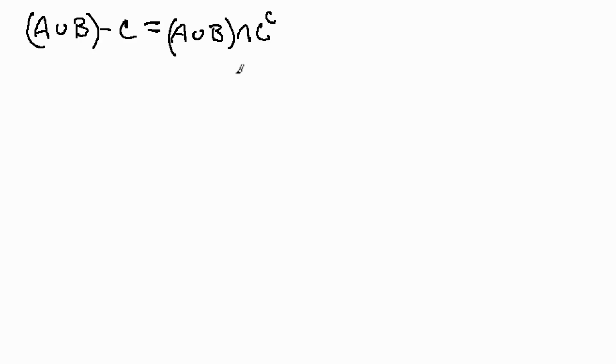Now, I think in the book they actually make this a lot more complicated than they need to. Okay? First of all, we already have a theorem that says to us that A minus C is equal to A intersection C complement.